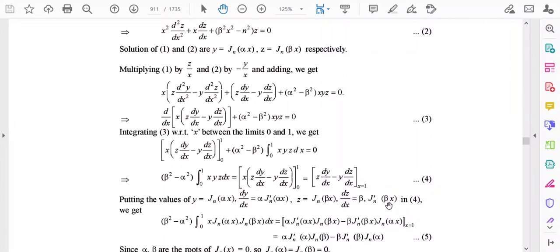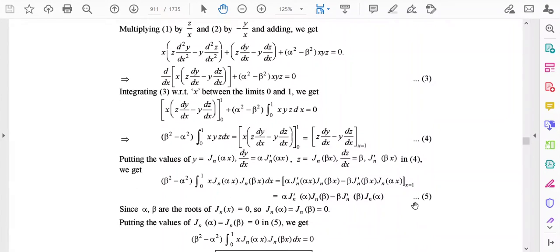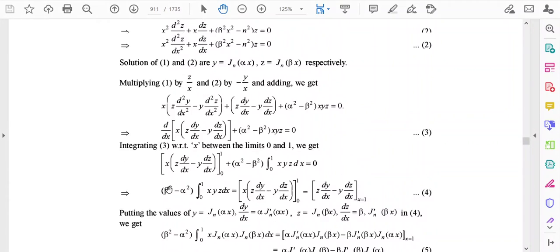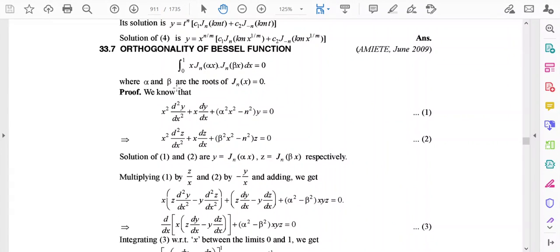Now if we substitute these values in equation number 4, we obtain equation number 5. Now we have to keep in mind that the right hand side is for x equal to 1, so we have written 1 in place of x for all the values here.